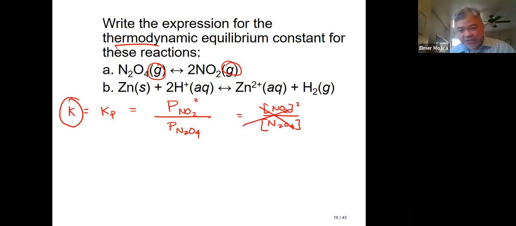Now, what if it's a mixture of gas and solution, just like in the second one? How are you going to write the K? Anyone?